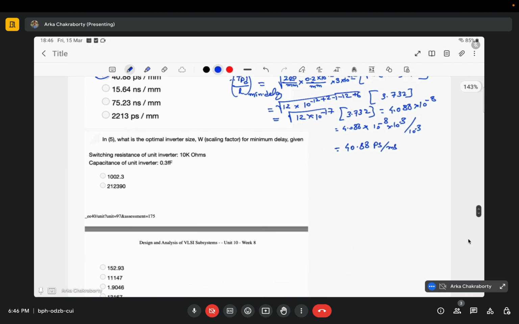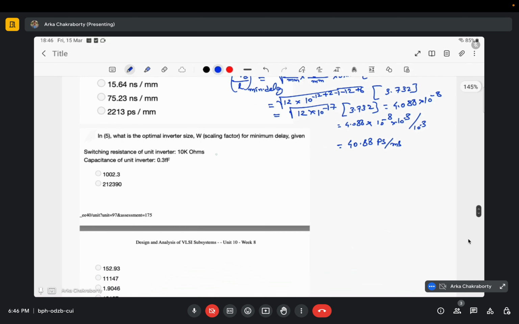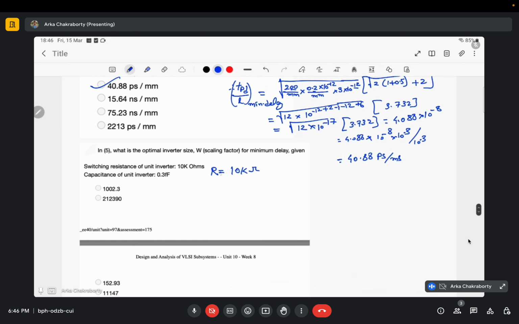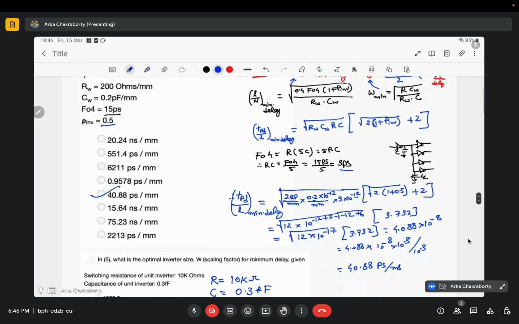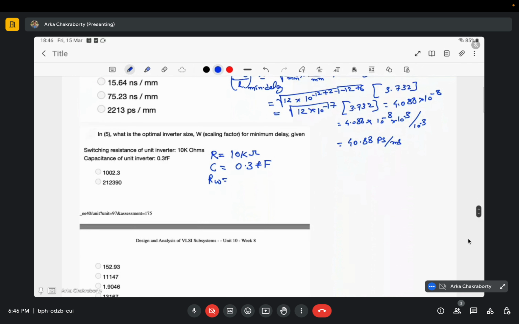Therefore, what are the things that are given to us? R is given as 10 kilo ohm, C is given as 0.3 femtofarads, and RW and CW we have from question number 5. RW is how much? 200 ohms per millimeter. CW is 0.2 picofarad per millimeter.